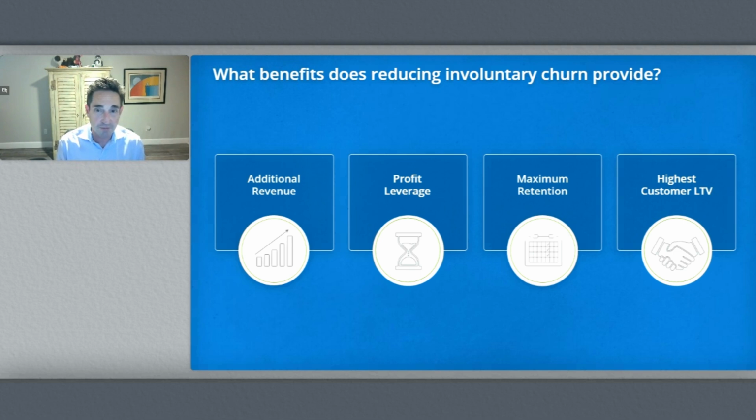So when we can reduce involuntary churn, conversely, what it means is that additional revenue is created, and that additional revenue is not just, again, a single payment, but all the additional payments that that subscriber or sustainer will provide in the future. Of course, that revenue tends to be very, very profitable. So there's additional profit generated or resources available to be able to issue to causes.